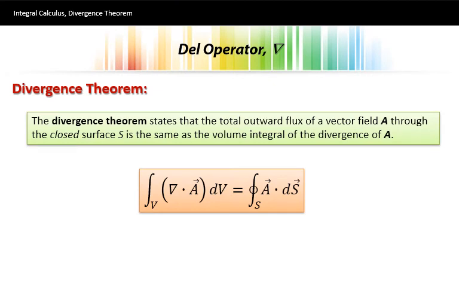The divergence theorem states that the total outward flux of a vector field A through the closed surface S is the same as the volume integral of the divergence of A. In other words, writing this mathematically, this is the divergence theorem.